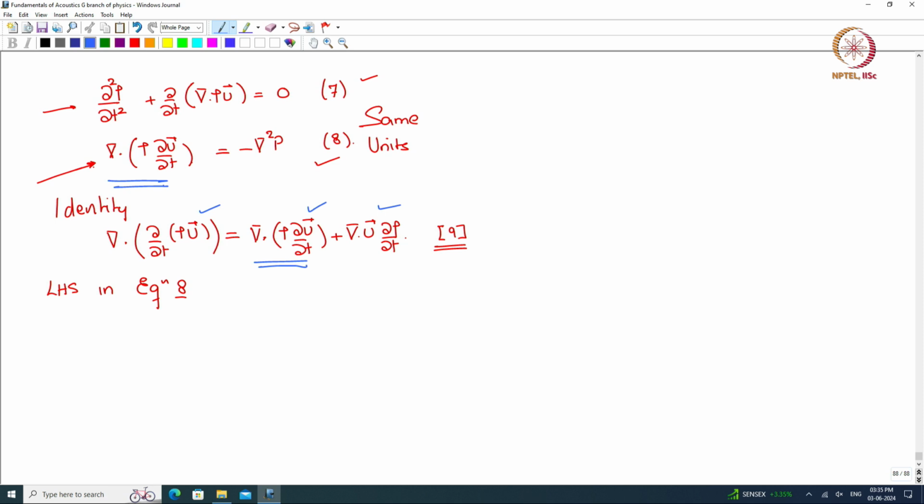So I come up with equation 10, which is what? I replace this term with these two terms. Okay, so I get del dot del by del t of rho u bar minus del dot u bar del rho by del t is equal to minus del square p, that is 10.